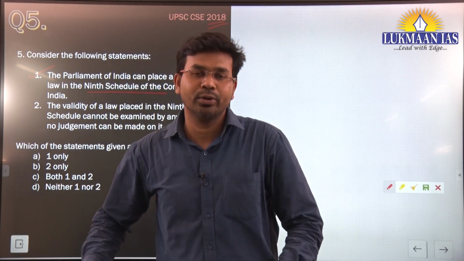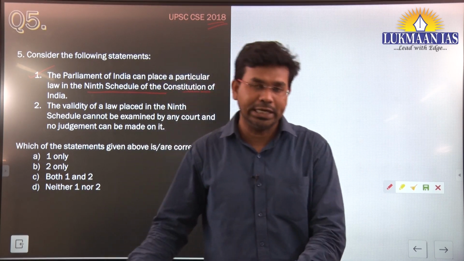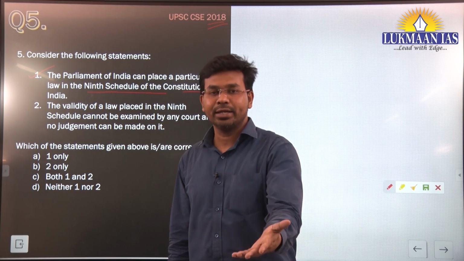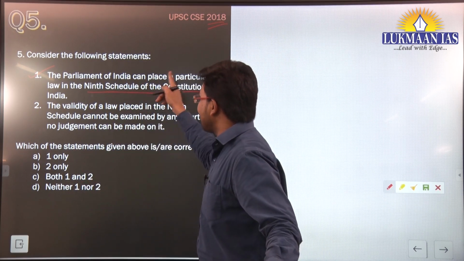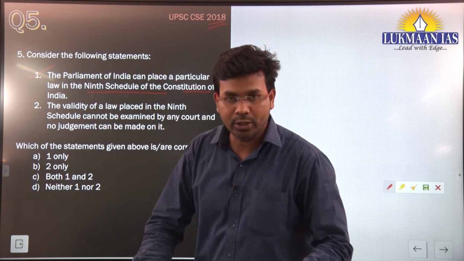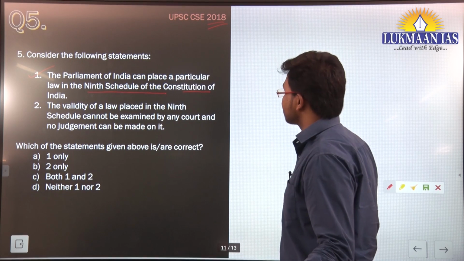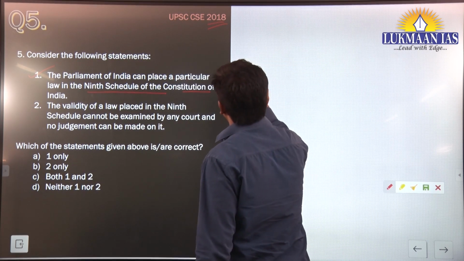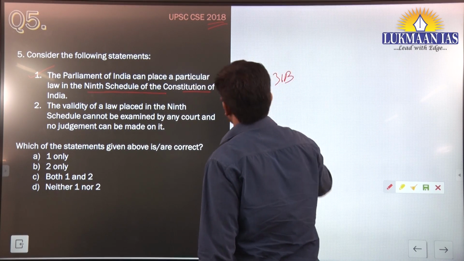You might have read in your textbook, if you are reading Lakshmikant or D.D. Basu or any other book, that the Parliament of India can place a particular law in the 9th schedule of the Constitution. And the Parliament places laws in the 9th schedule under Article 31A and 31B of the Constitution.